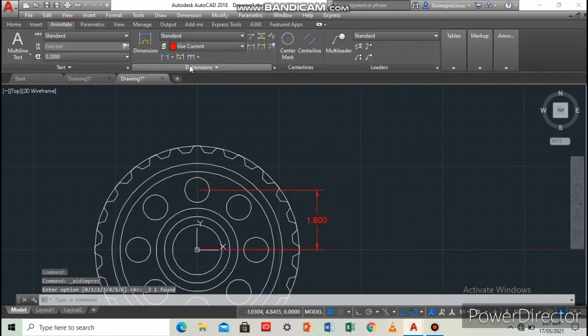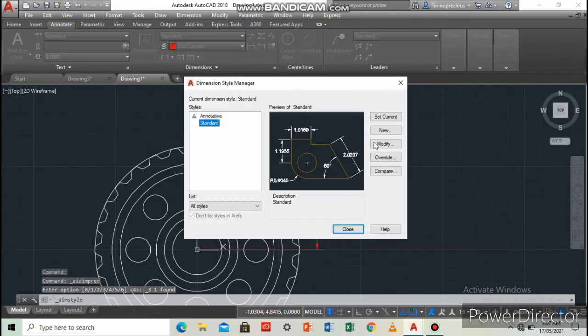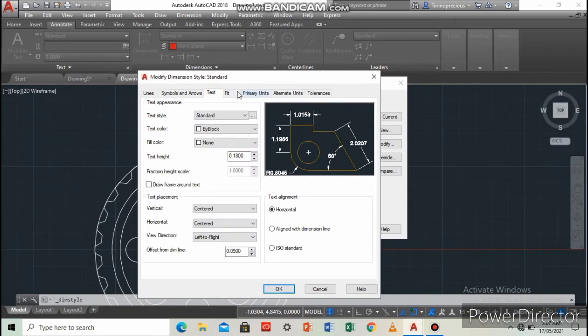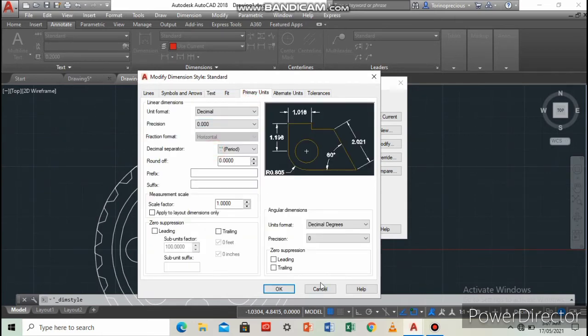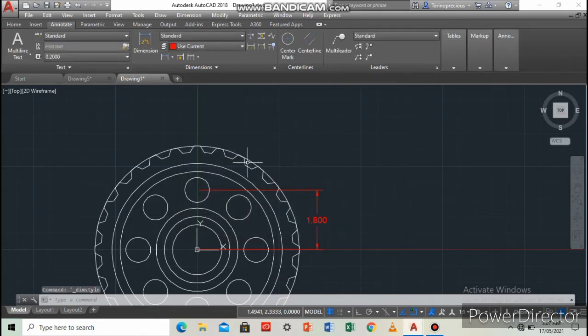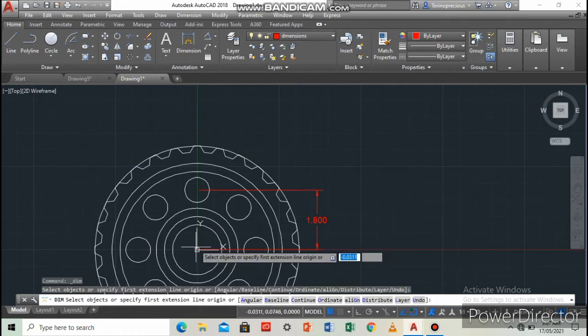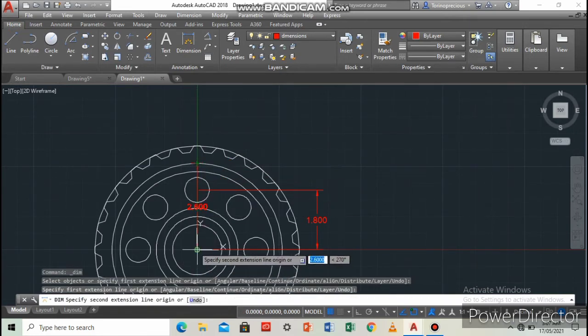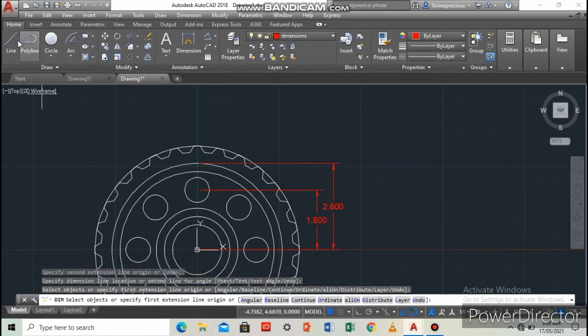Let me just modify some of the measurements. Let's create a precision of 3 decimals. So again, from the origin up to this one, it must have a measurement of 2.6.